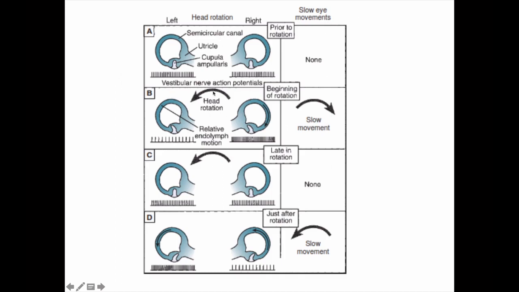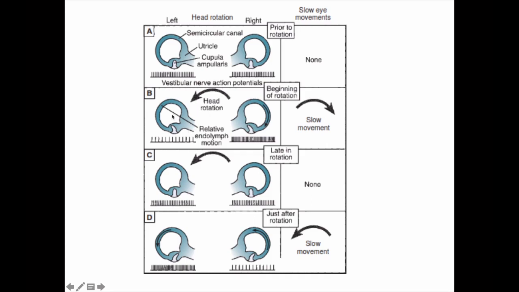So now there is a head rotation to the left side, where we see the movement of the endolymph due to the inertia, and the initial phase will be in the opposite direction to the rotation of the head. Because of the inertia in the opposite direction, here it is towards the kinocilium, in the direction of the rotation of the head, that means towards the left side.